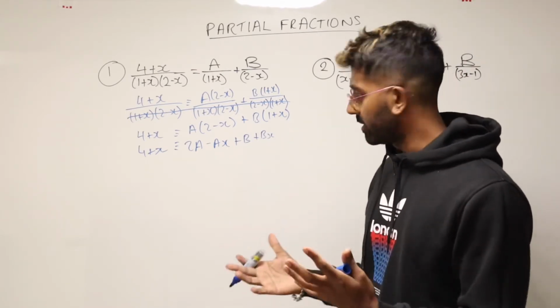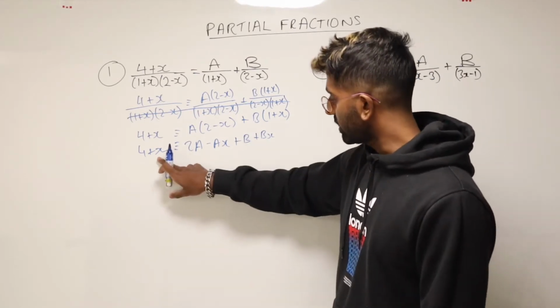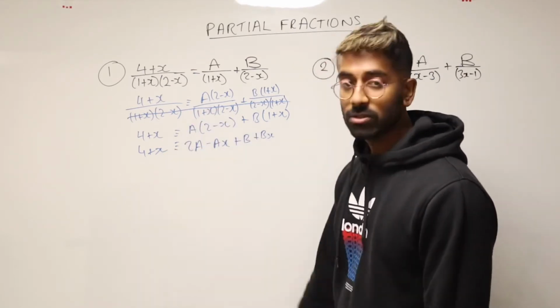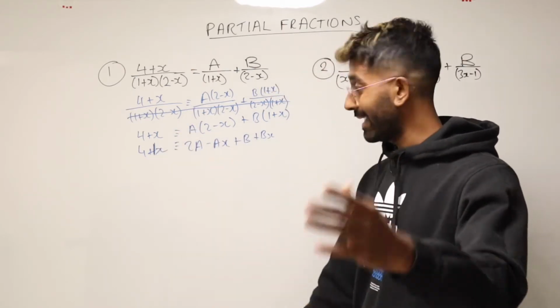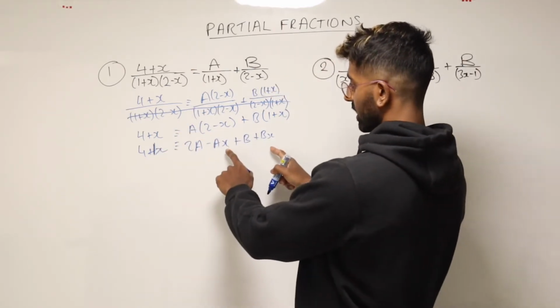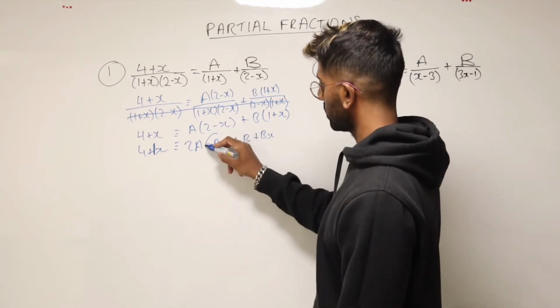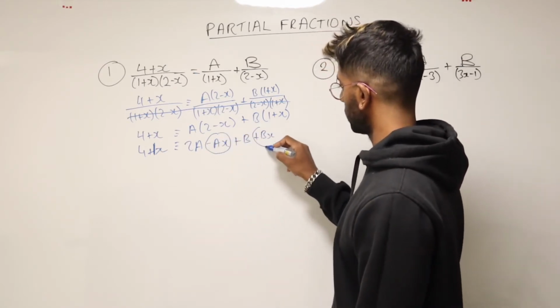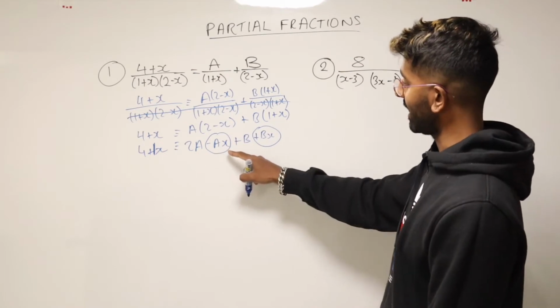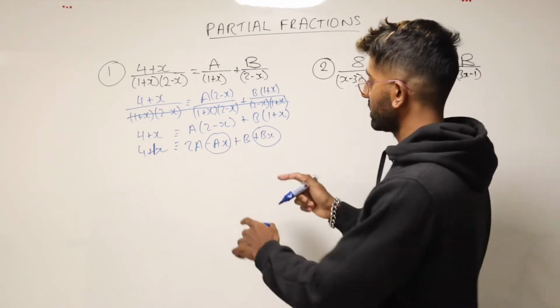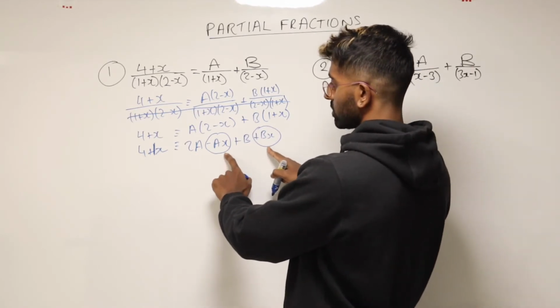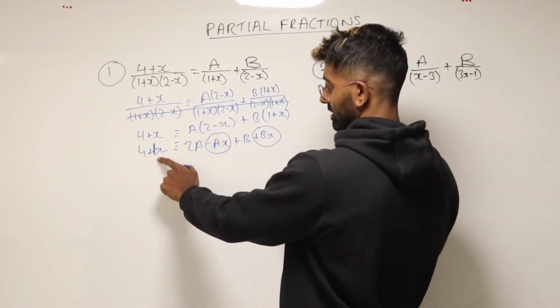Now, where do we go from here? So you can see at the moment, we've just got an x on the left-hand side. And what I'm going to do is I'm going to put a 1 in front of it because it's just 1x. On this side, we've got two terms that have an x in them. So we've got minus ax and plus bx. So what we can say is that these two terms must be the same as the x term.